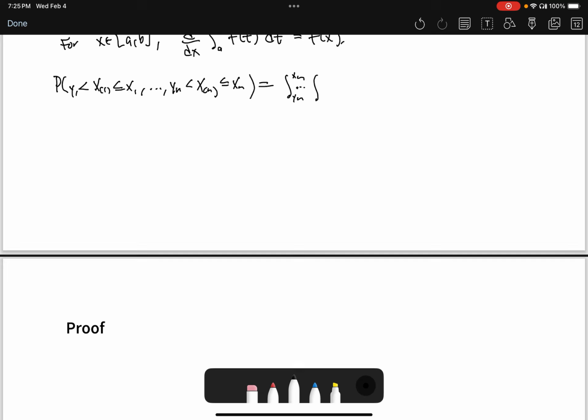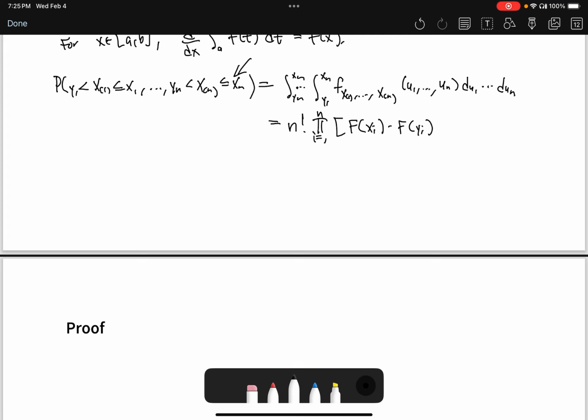We have this n-dimensional integration where we're integrating each one of these values from yi up to xi with respect to the density, which we don't know. That's okay. We don't need to know it at this point. And so we're using the arguments u1 to un, and we're taking the integral with respect to u1 up to un. And from our previous work, we know that this probability on the left-hand side equals n factorial times the product from i equals 1 to n of F of xi minus F of yi.